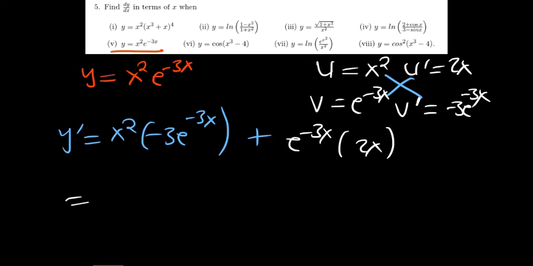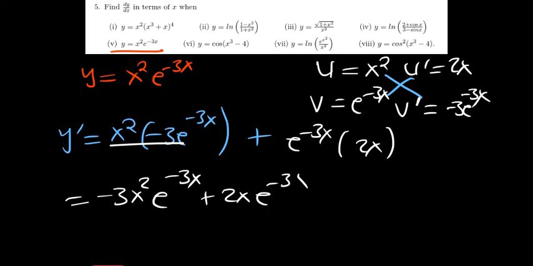So at this point, what's common? Anyway, you can factorize for yourself. So I'll leave it at this point. When you multiply this times that, it will be negative 3x squared e to the power negative 3x. And then the other part will be plus 2x e to the power negative 3x. Now at this point, this is where you can now see what is common, right? You can see that e is common.